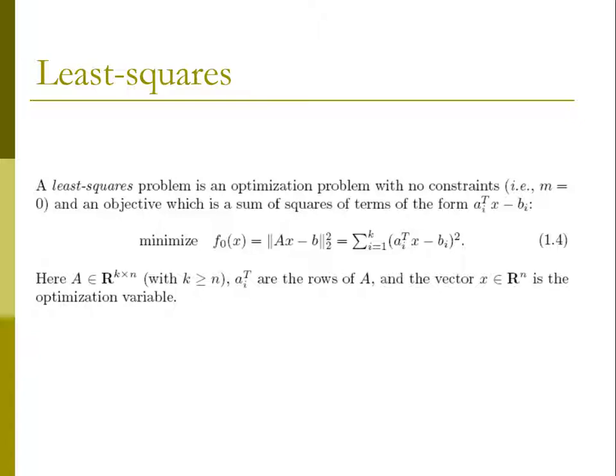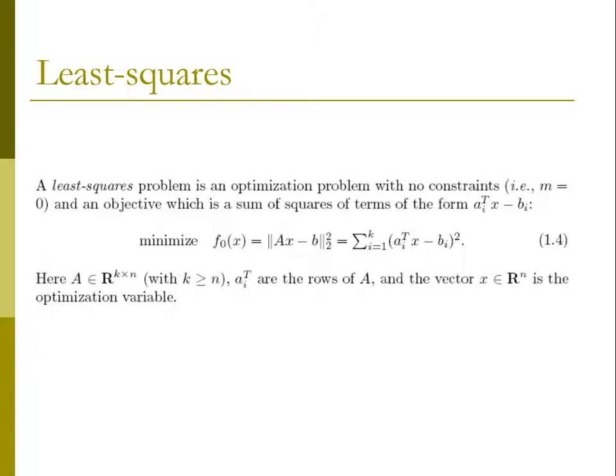Here, A is the k by n real matrix, and ai transpose are the rows of the A matrix. The real n-vector x is the optimization variable.